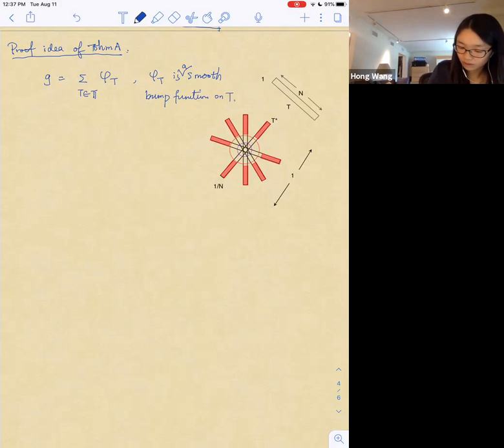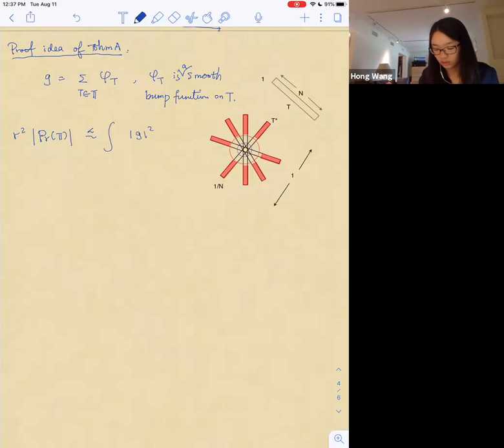Then the left-hand side of the inequality, R squared times the number of R-rich unit balls, will be bounded by the integral of G squared. So here we integrate over the set of R-rich unit balls.